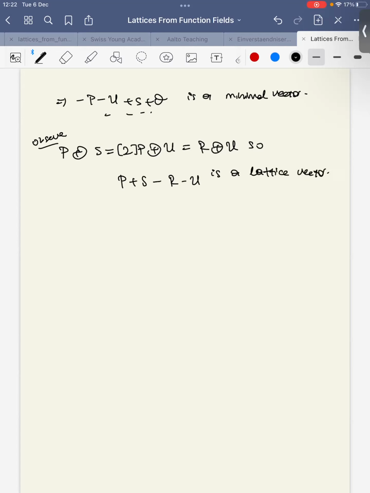So this is principal, and its support is in the set. We already supposed that P, S and U are distinct, so we have to show that neither S nor U equals R.